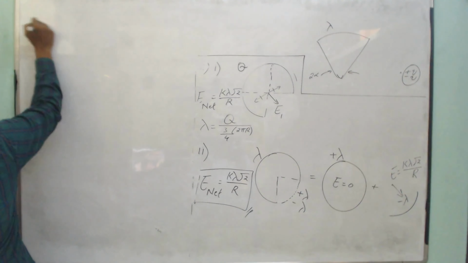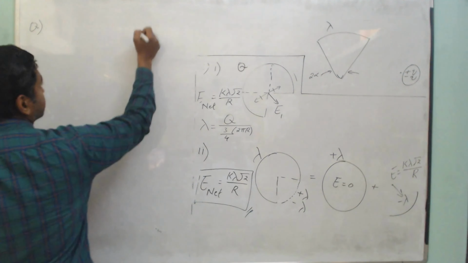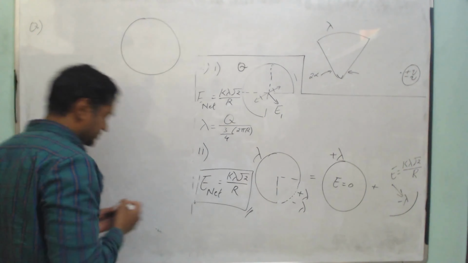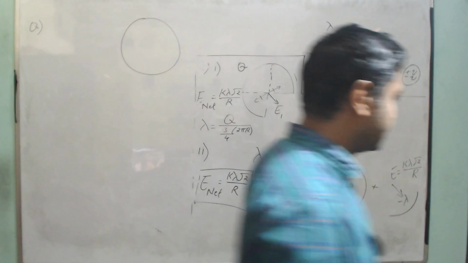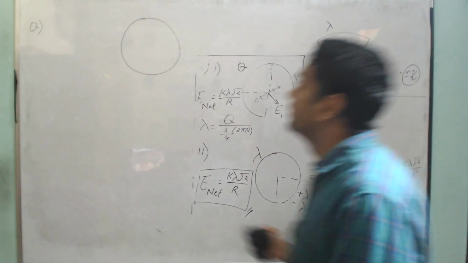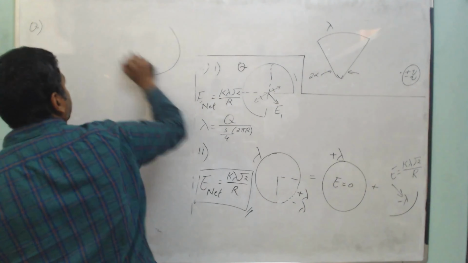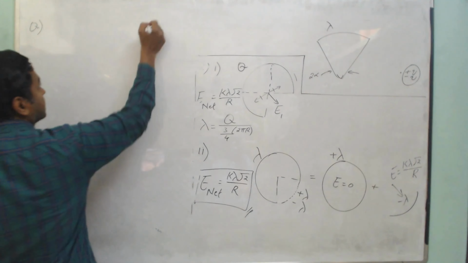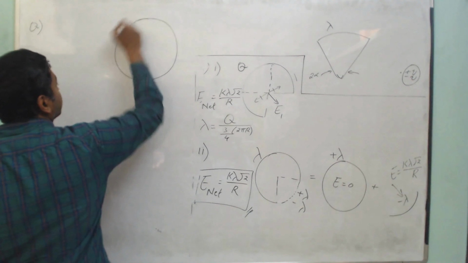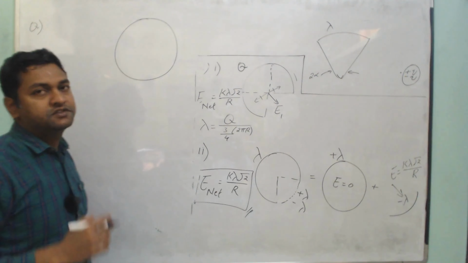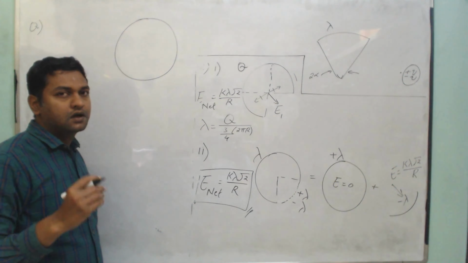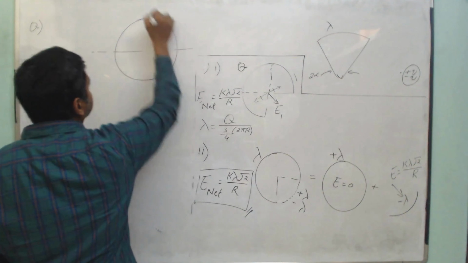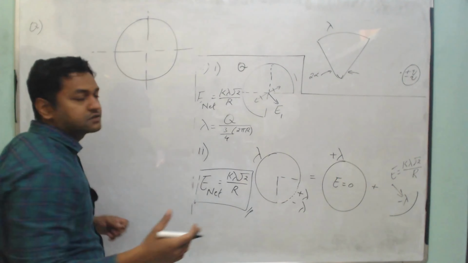So there is a thin wire, and all the 4/4 of the circle are charged, but they are charged with different lambdas.